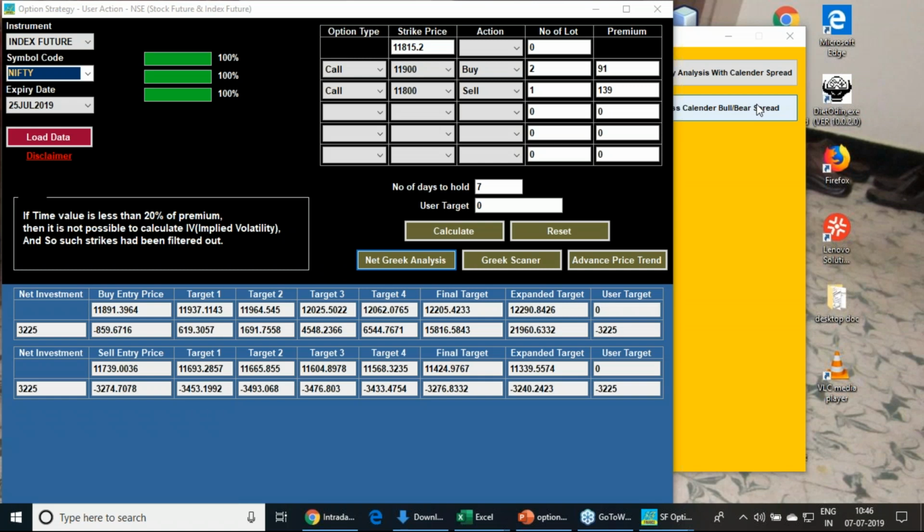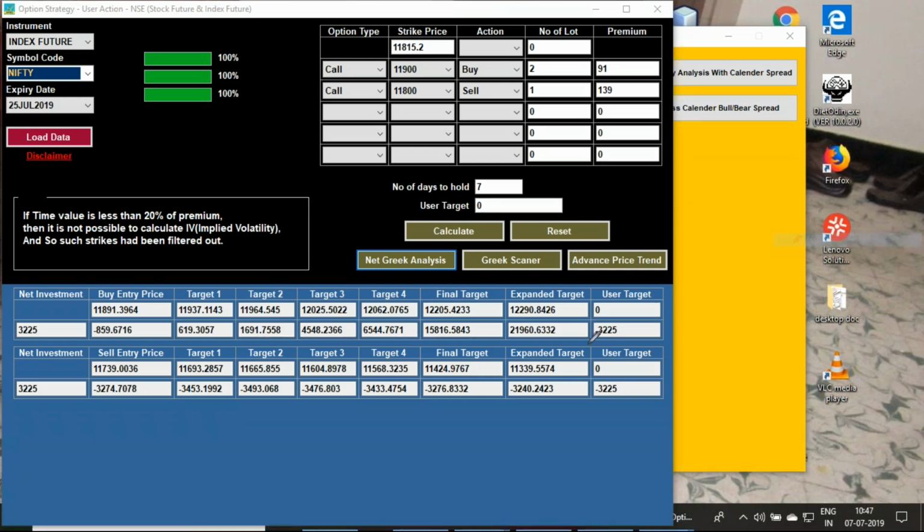So here I have projected, but after 7 days I will not get this value. After 7 days, even if it comes to 12,200, I will not get 15,816 as my profit. Why? Because every day 4 rupees into 75, so 4 rupees into 75 into 7, that much money will be lost from this profit.